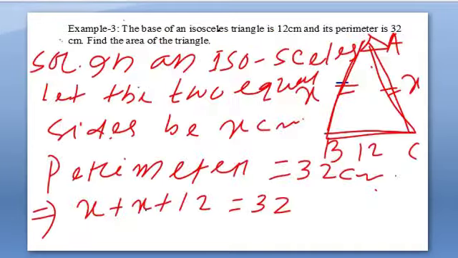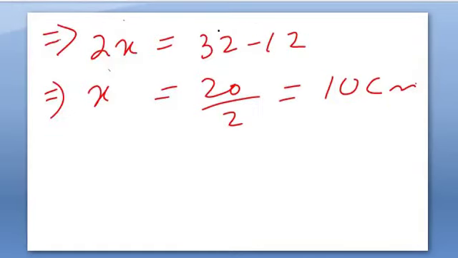So here we got that this one is 10 centimeter, this is 10 centimeter, this also 10 centimeter, because it is an isosceles triangle.